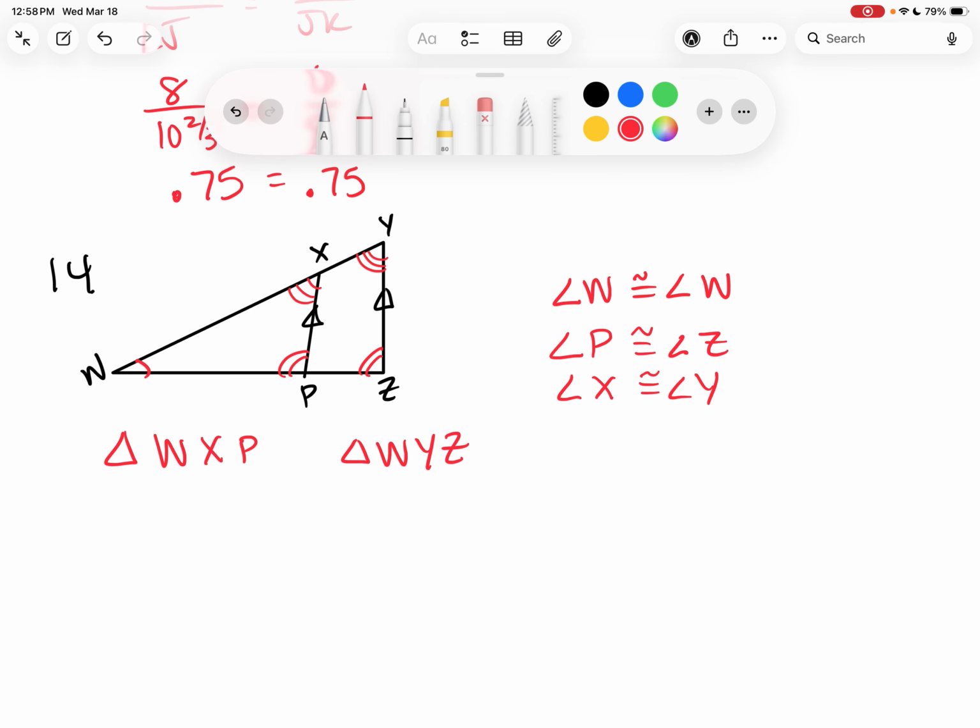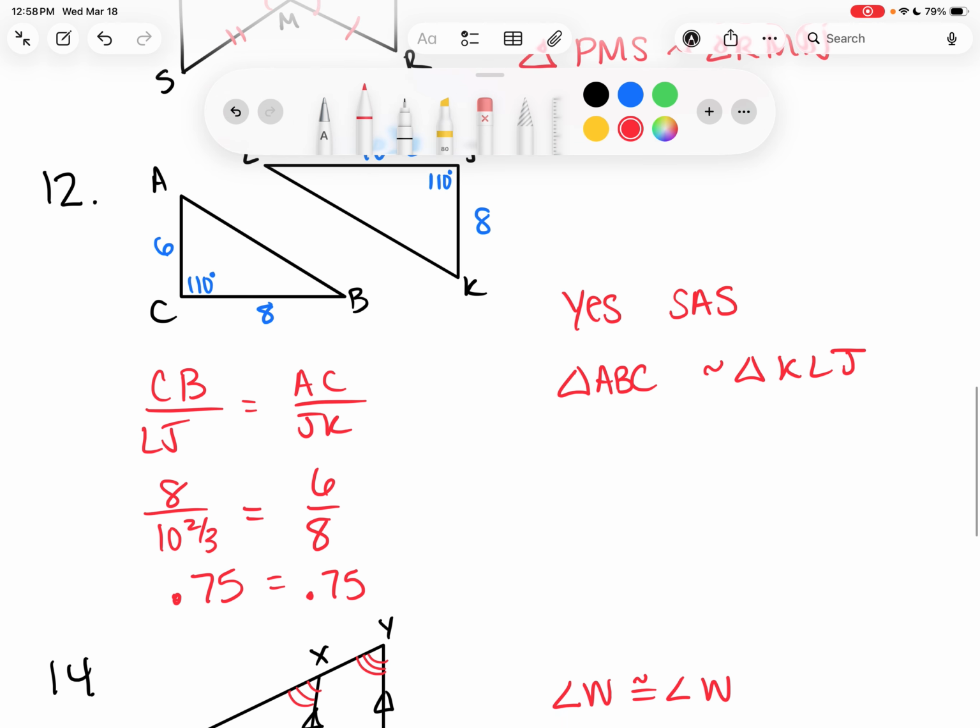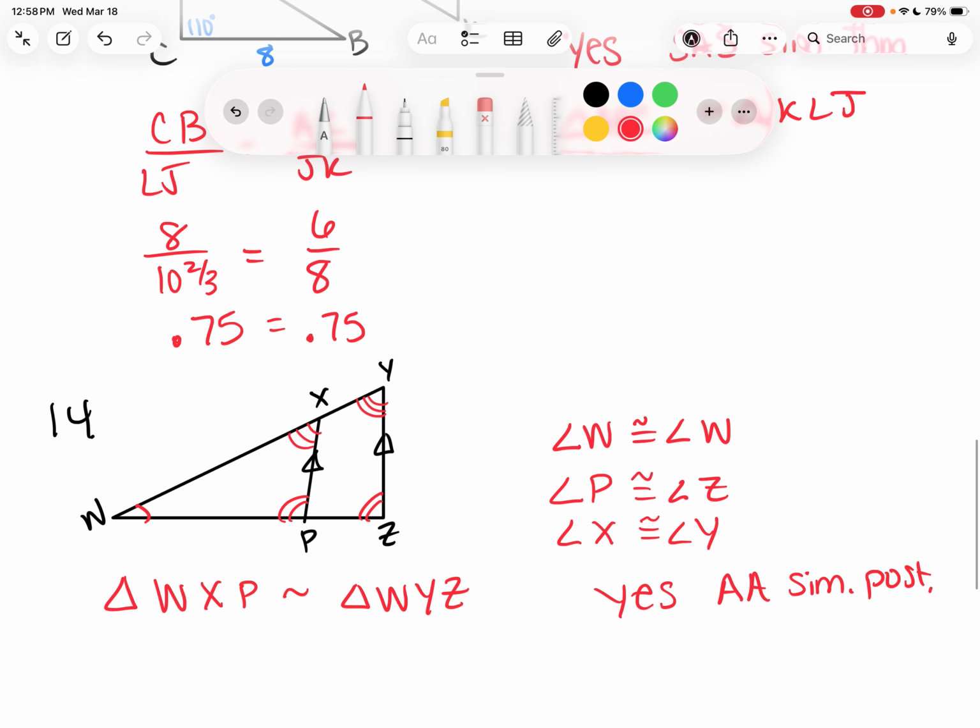So yes, these are similar, and they're already in the right order because we wrote our two triangles to begin with. So what's the reason? Angle, angle similarity postulate. I forgot to write similarity theorem up here. Proof with no column.